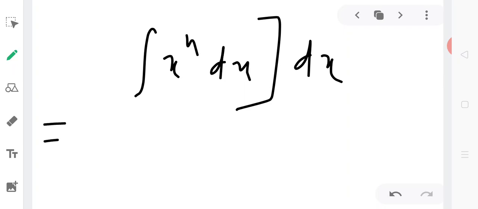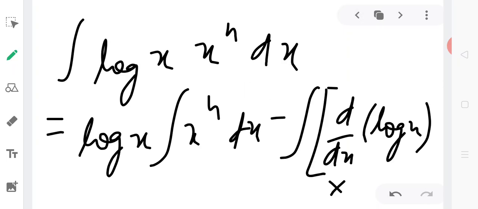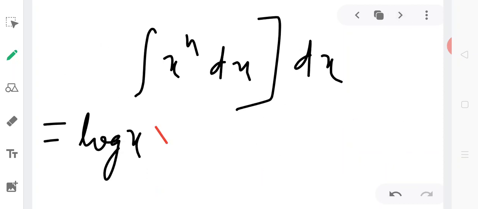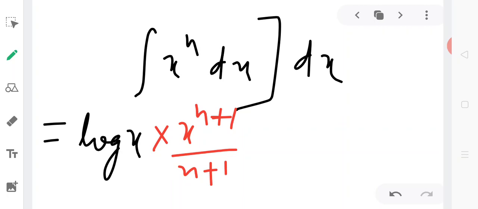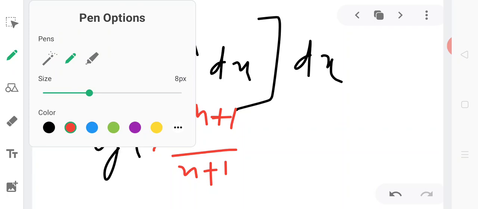Now this will be equal to log of x. Now what is going to be the answer for this part? Integral x to the power n dx is equal to x to the power n plus 1 by n plus 1, isn't it?